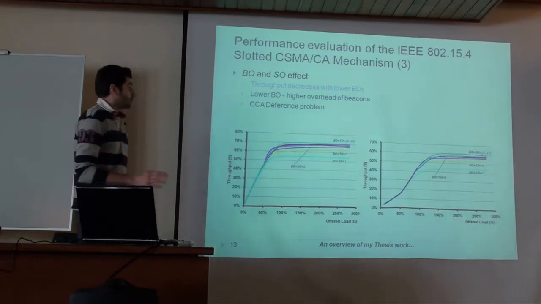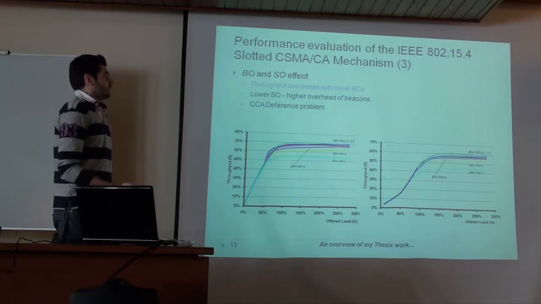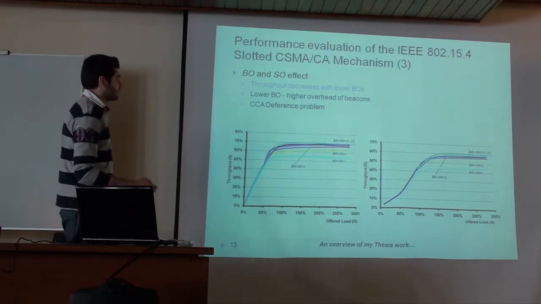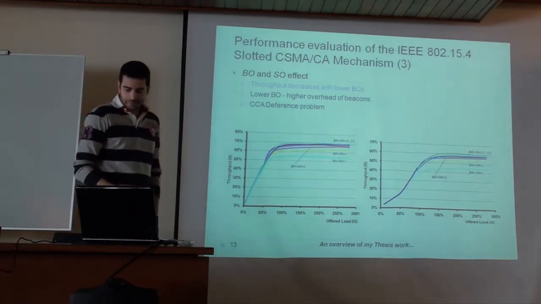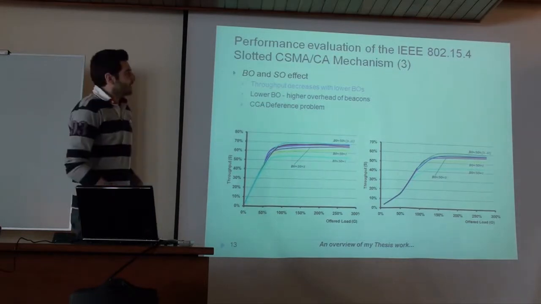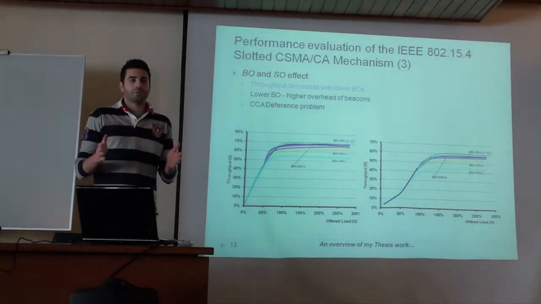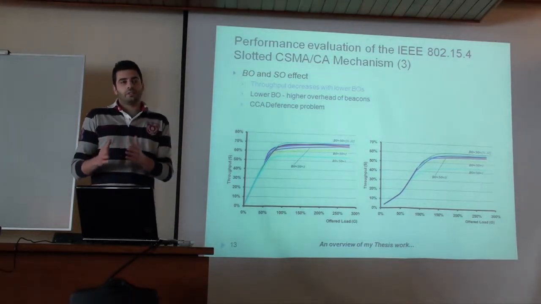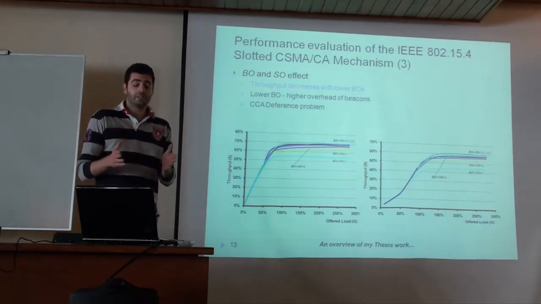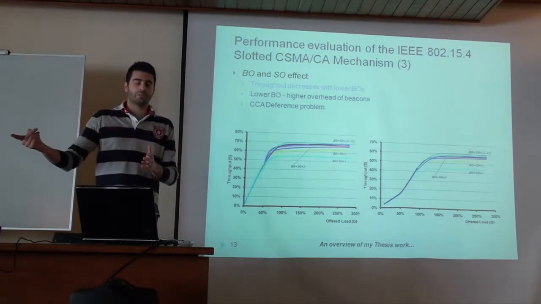We found out the reason for this is that lower beacon orders have much higher beacon overhead, and there is the deferral problem, which I don't have a figure for here. If you don't have enough time to transmit your frame after you do your backoff in the CSMA-CA, you are going to defer it to the next superframe.